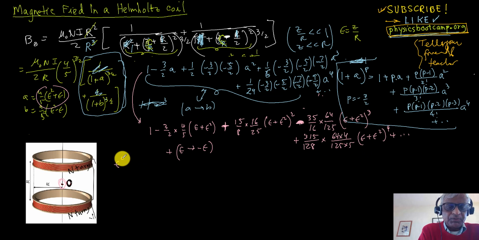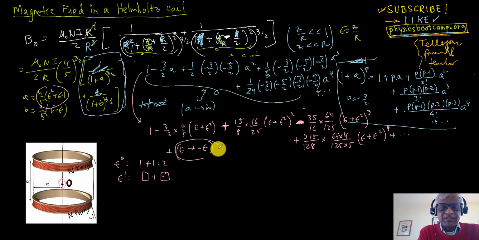So epsilon to the power 0, we'll get 1 here and 1 here. 1 plus 1, so that will be 2. Epsilon to the power 1, whatever you're going to get, you're going to get exactly the same but negative from the b. This is coming from b, and this whole thing is coming from a. So this will cancel out, that will be 0.